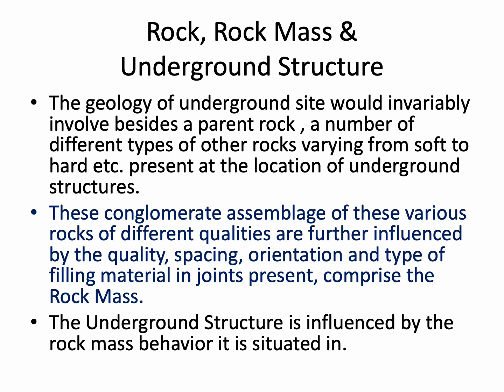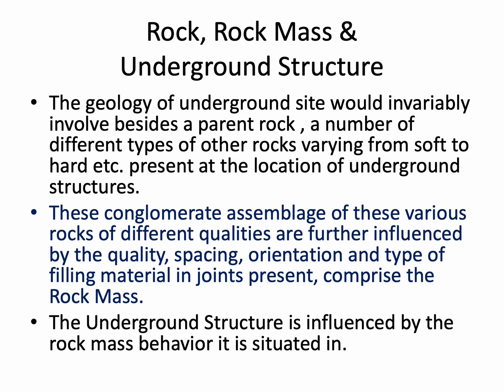These conglomerate assemblages of various rocks of different qualities are further influenced by the quality, spacing, orientation, and type of the filling material in the various joints present, which comprise the rock mass.